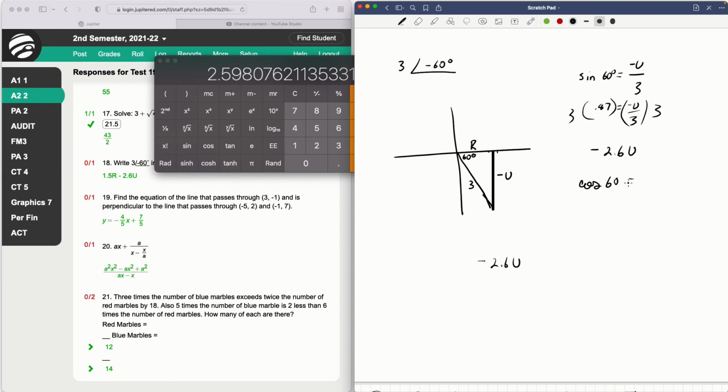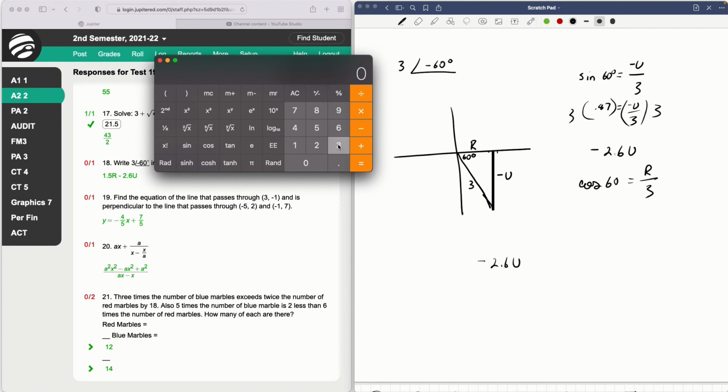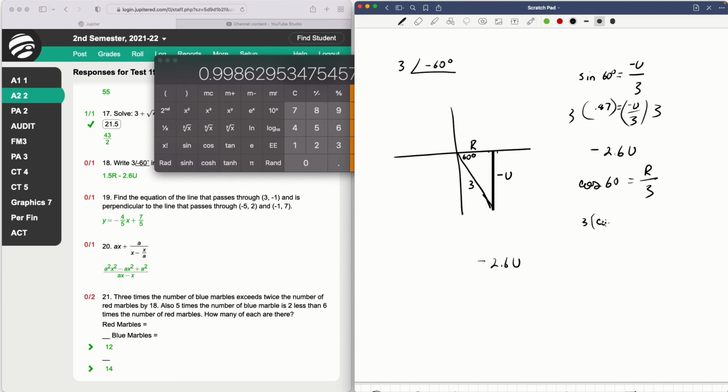Clear this out. The cosine is 0.998. That's almost 1, right? I'm just going to write it like this: 3 times the cosine of 60 is equal to r. So I'm just going to take the cosine of 60 and multiply it times 3 as it is.